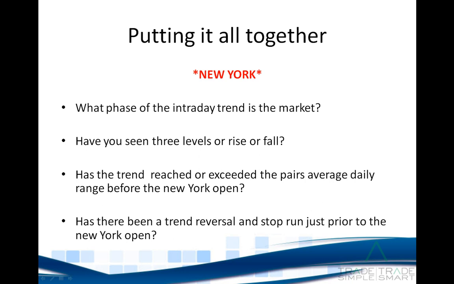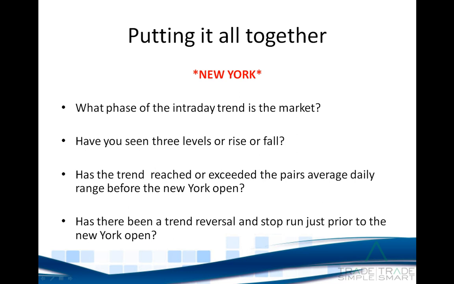And we know from this section that if we've seen 3 levels of rise or fall take place before the New York Open, then the probability of a New York reversal is greatly increased. On the flip side, if we've only made, say, 2 phases or 2 levels of rise or fall prior to the Open, then the likelihood of a trend continuation is the most likely outcome.